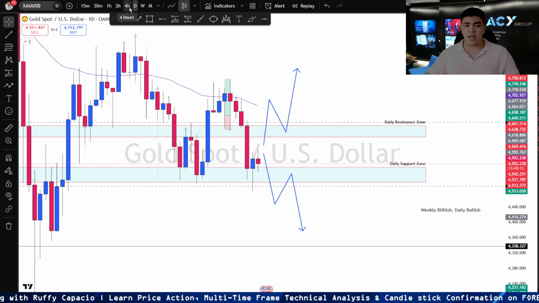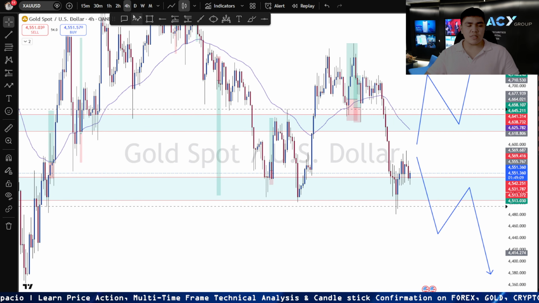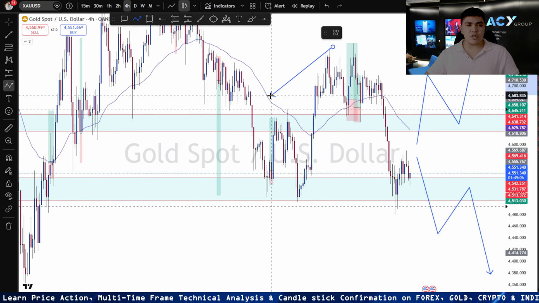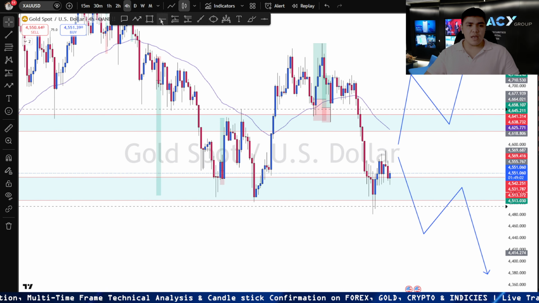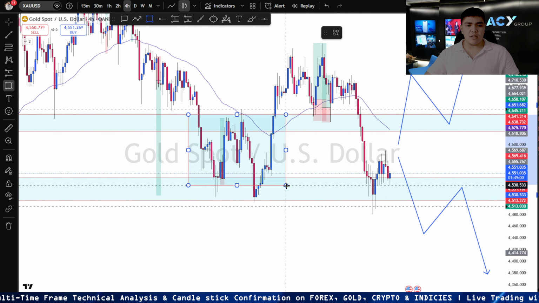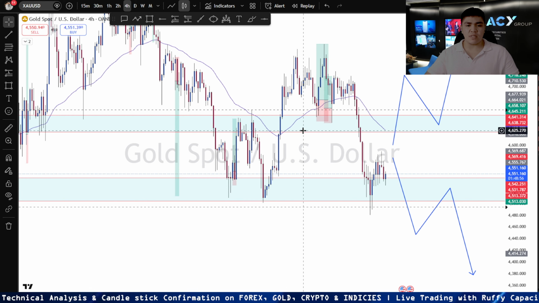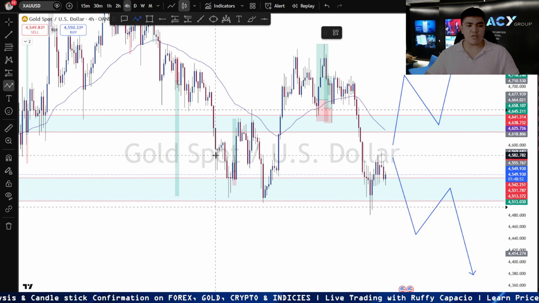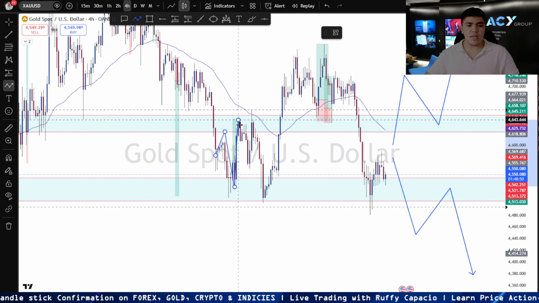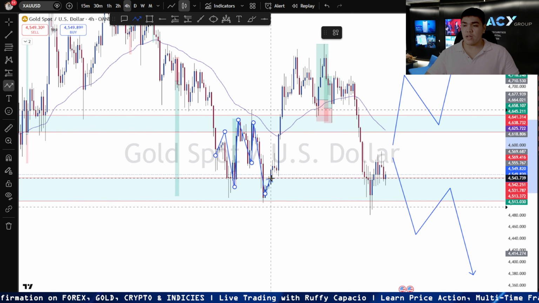Now we can actually look at the 4-hour chart. As you can see on this 4-hour chart, once price entered right exactly on this consolidation box, inside this daily resistance and daily support, price tended to consolidate. Every time it approached this area, it would just reject, right?